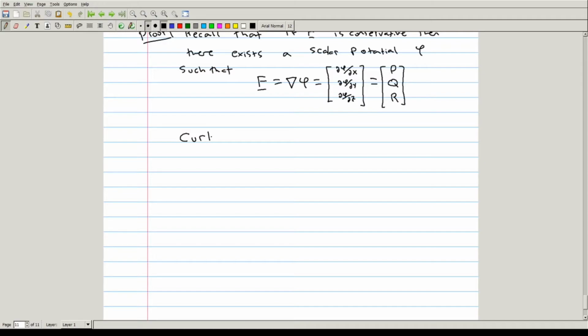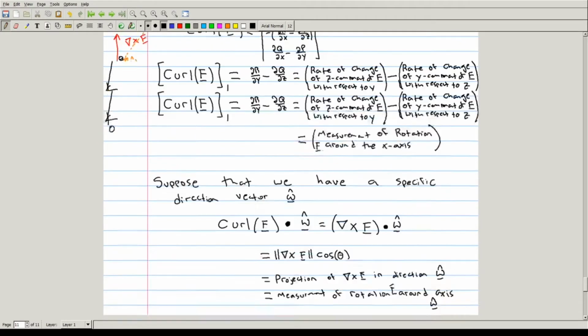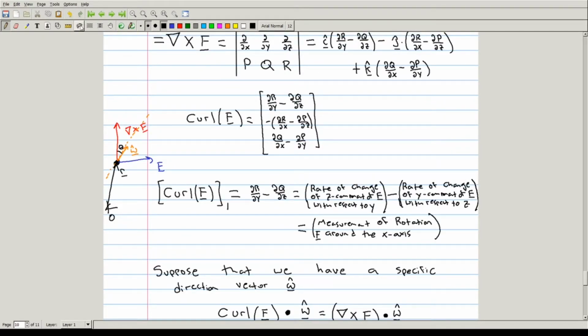And so the curl of the vector field F, or the cross product of the del operator with F, is equal to, from before, this vector right here.